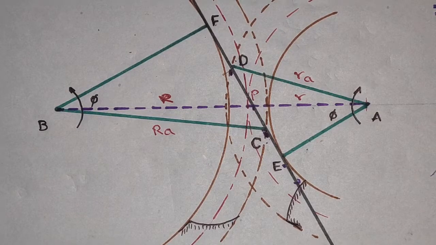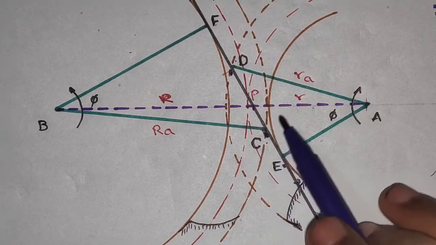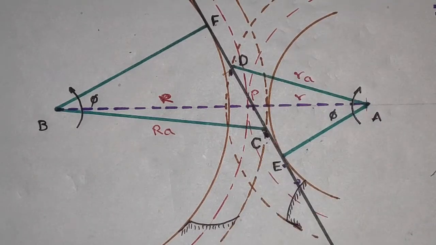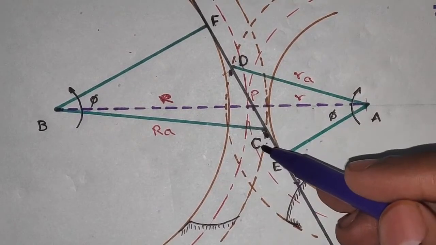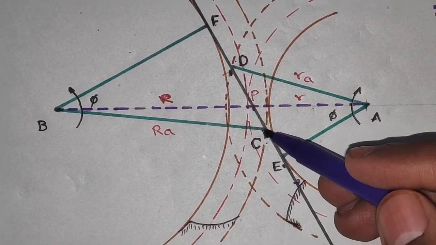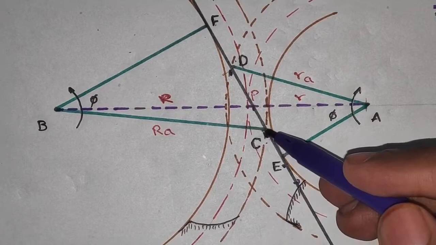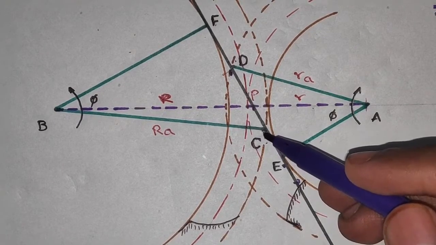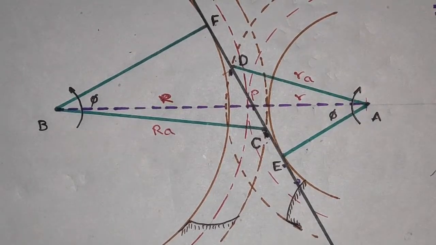The contact of two teeth is made where the addendum circle of gear B meets the line of action EF. This is the addendum circle of gear B, the outermost circle. This addendum circle meets the line of action at point C, and from here the engagement of teeth happens.